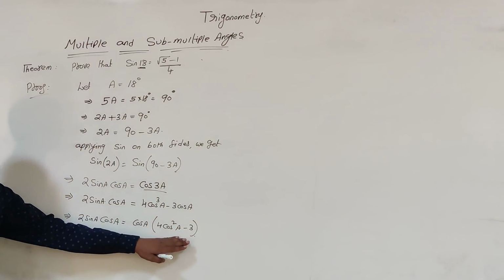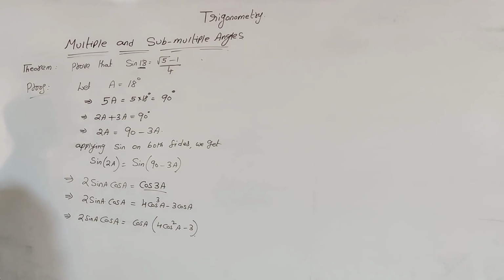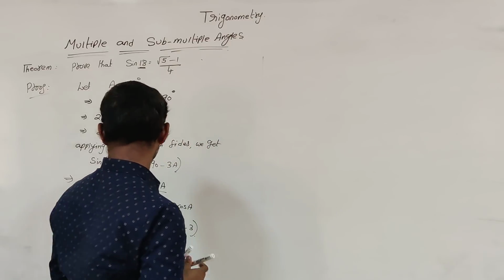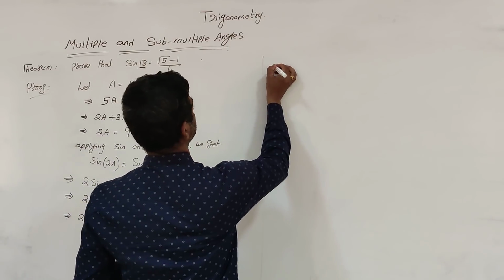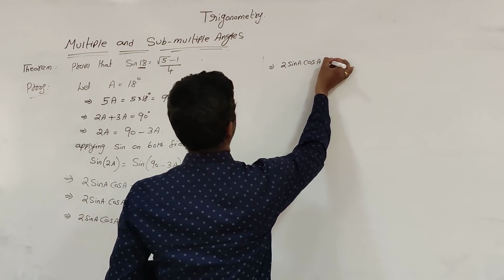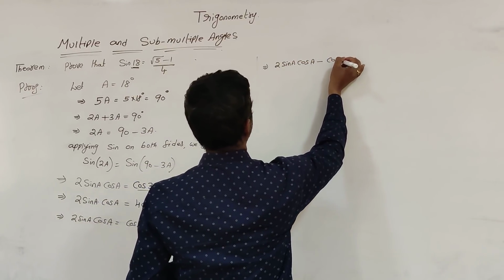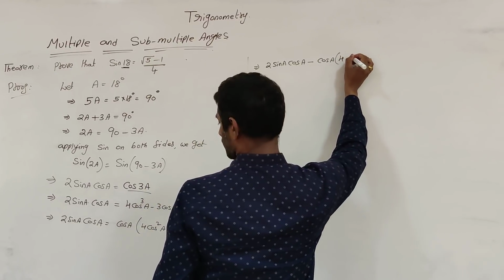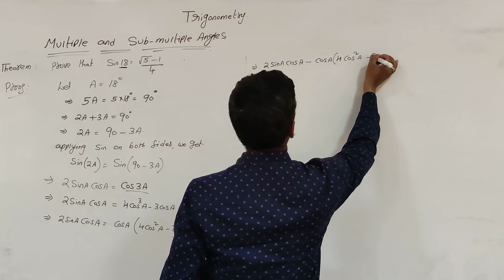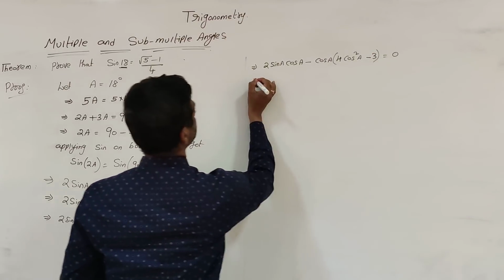And if we bring the total term to the left hand side, let's see: 2 sin a cos a minus cos a times (4 cos square a minus 3) is equal to 0.